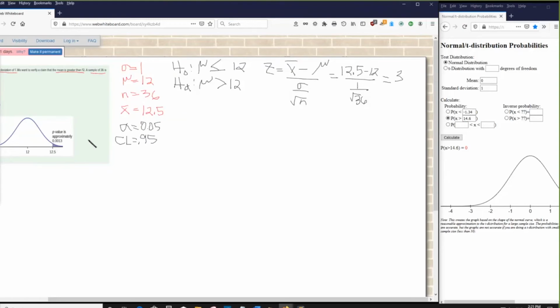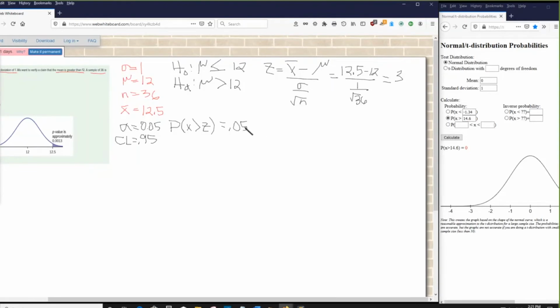That means, to solve for that p-value, I'm going to have the probability of x greater than z, and I can set that equal to 0.05.